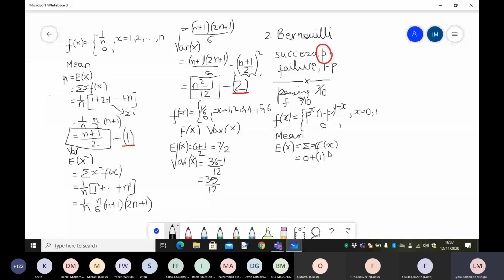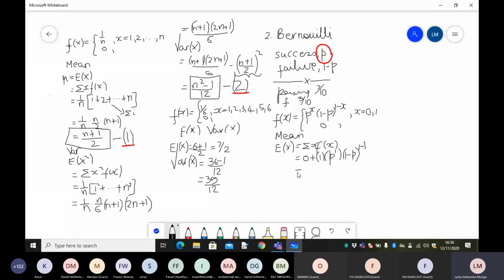F of 1 will be p raised to 1, multiplied by 1 minus p raised to 1 minus 1, because we are saying that x is taking value 1.